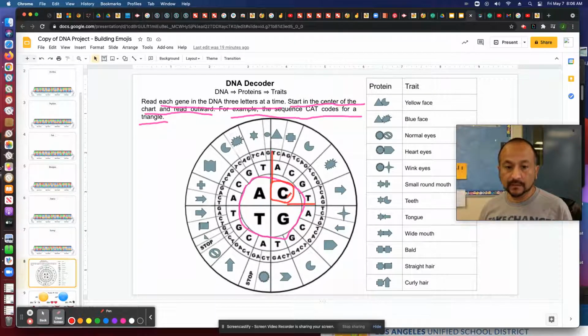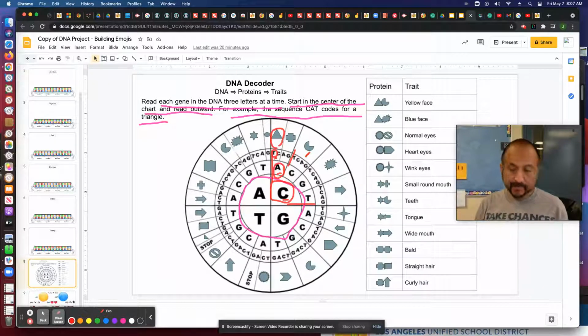We started in the center, and now we're going to read outward, C, and now we're going to look for the letter A. That's the letter T, G, C, A. There's the letter A. So C, A, it's like we're spelling the word cat. C-A, and now we're only focused on, again, reading outward, and we're looking for the letter T, and there's the letter T right there. So C, A, T, and we end up with a triangle.